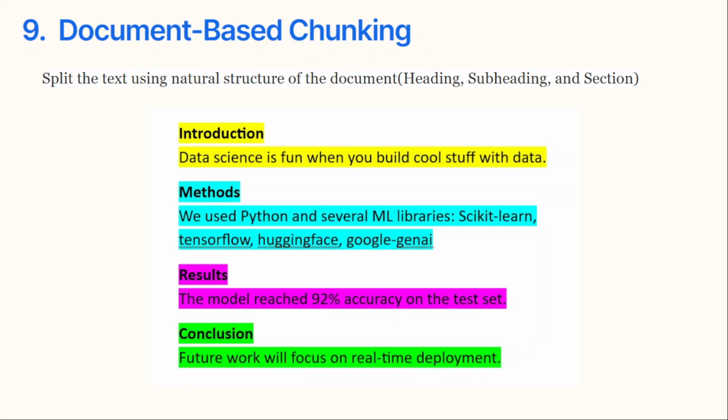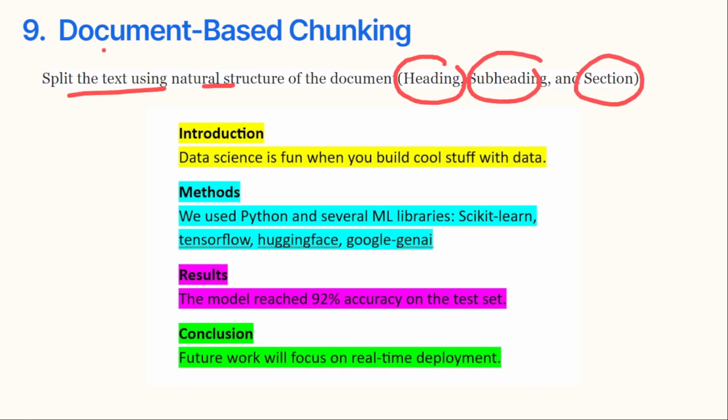In document chunking, you are splitting the text naturally with respect to heading, subheading, and section. This is called document-based chunking, and I think this is good. Rather than by paragraph, if you chunk based on the headers, subheaders, or sections, this will keep your context intact. You use this chunking strategy where you have clear heading sections.